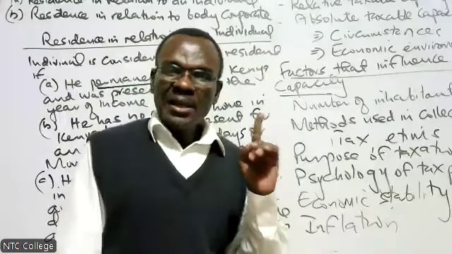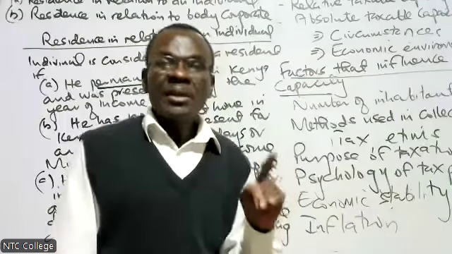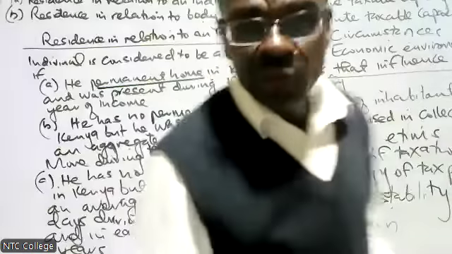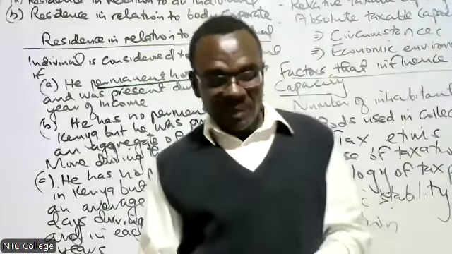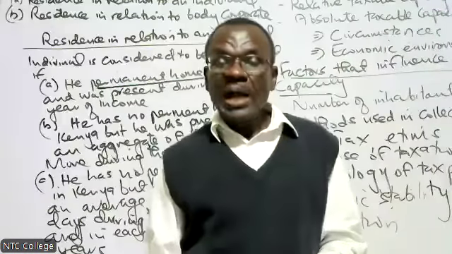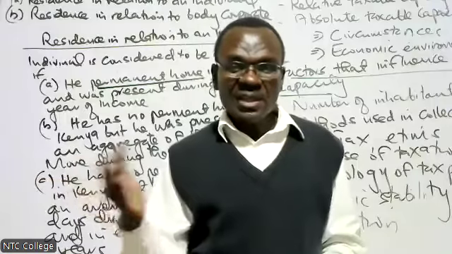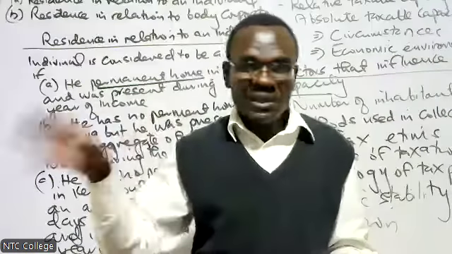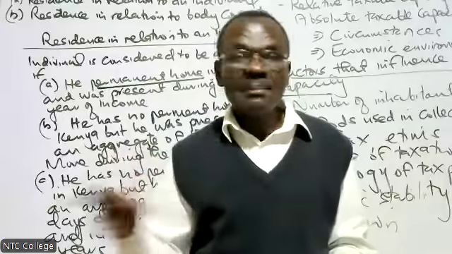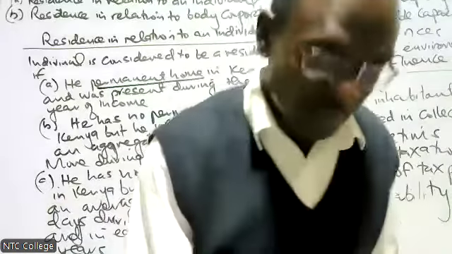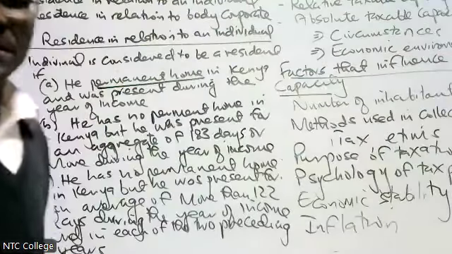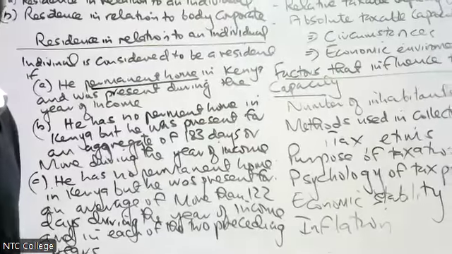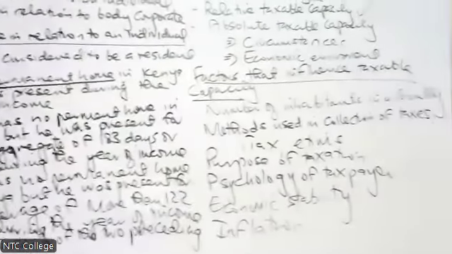Now I want to define the residence of a company. Then after that, I will show you why these definitions are important, because I'll show you the difference in taxation of a resident person and a non-resident by giving you examples of income and how we treat them differently. So let me also explain the residence of a company or a body corporate.